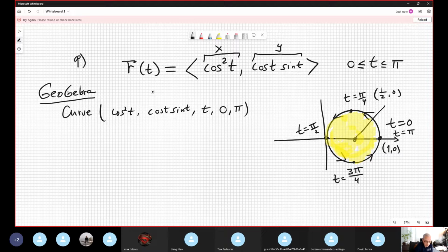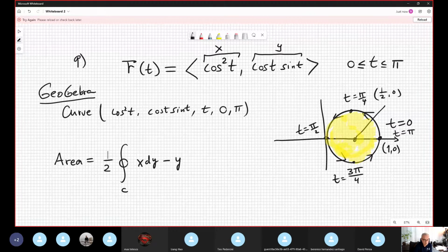Green allows me to compute the area of any closed figure using that formula: 1/2 integral over the closed curve C of x dy minus y dx. It's a formula that I proved in class.